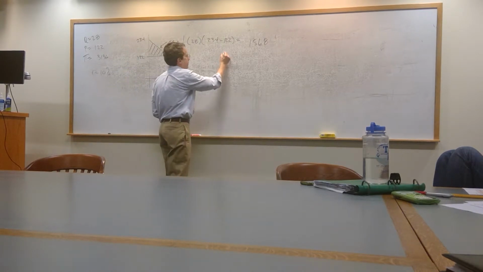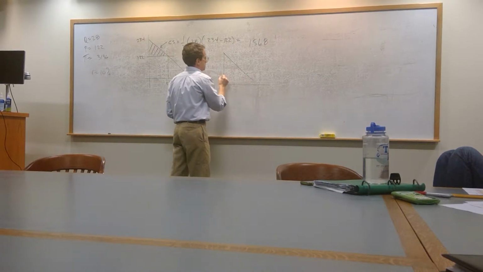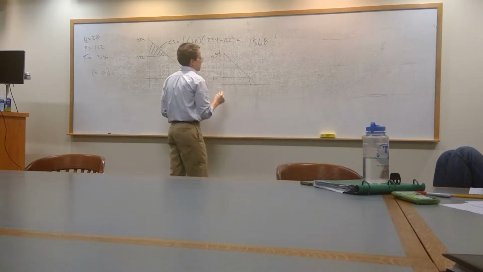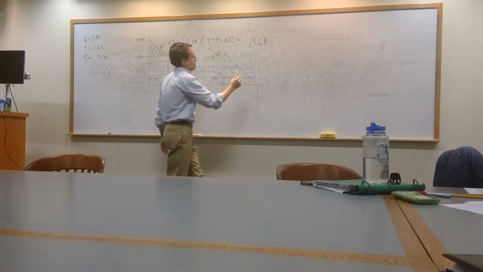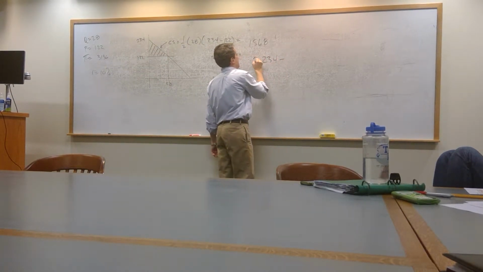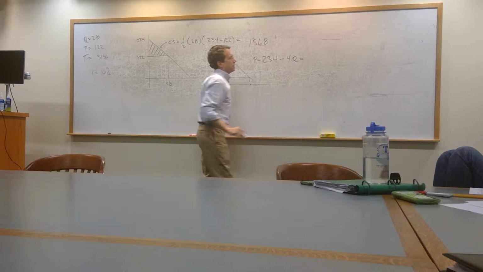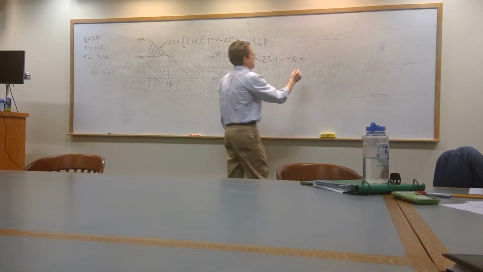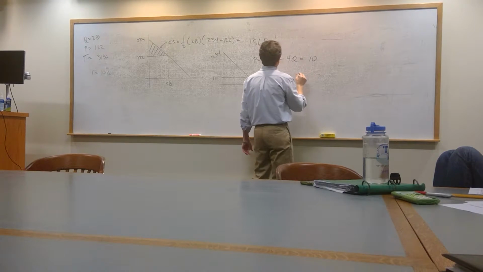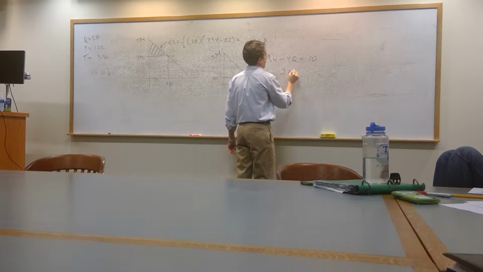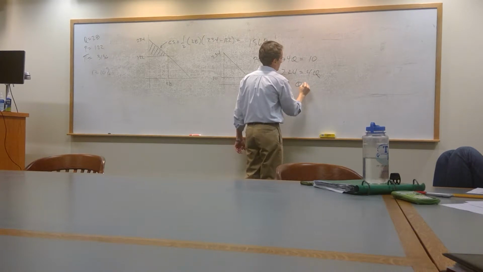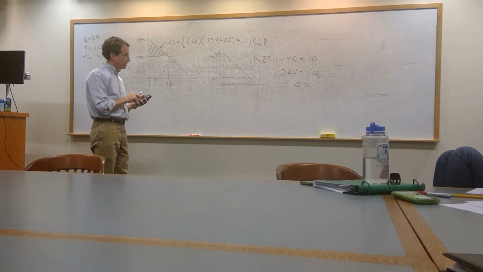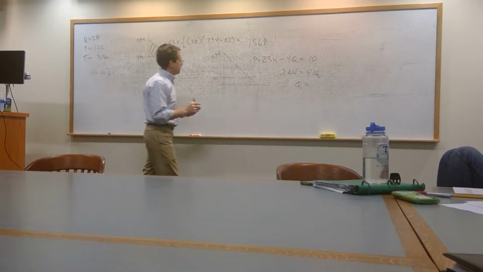And then after, we can figure out from the original demand curve what the quantity would be. That is 56.